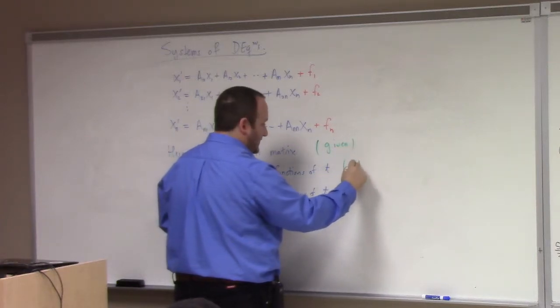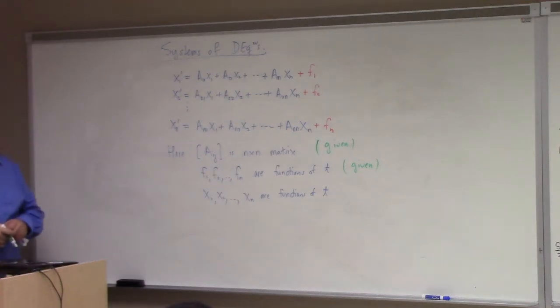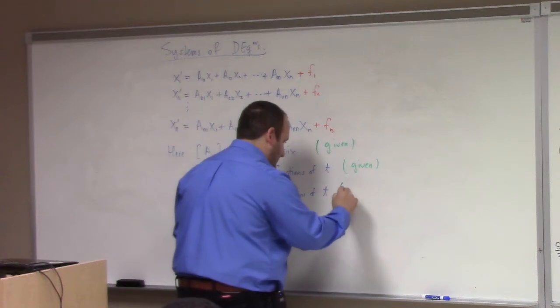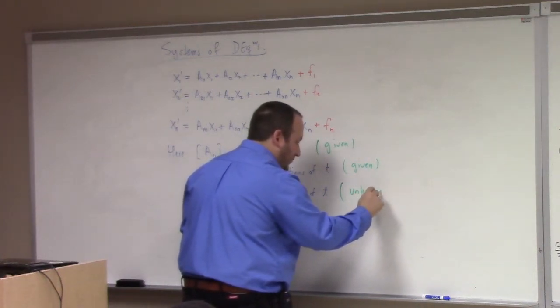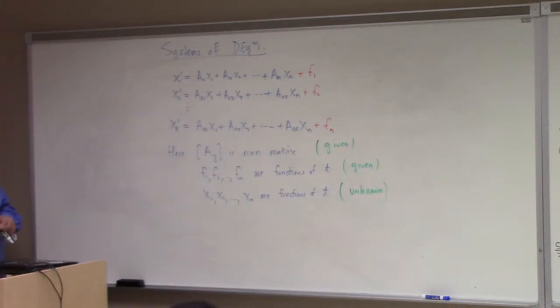The f's are given, and the a's are given. But the x1 through xn are unknown; we're trying to find those. To solve a system of differential equations is to find these n functions of time, x1 through xn.